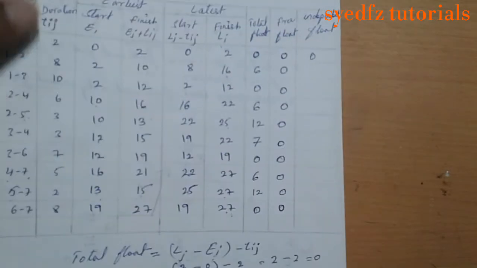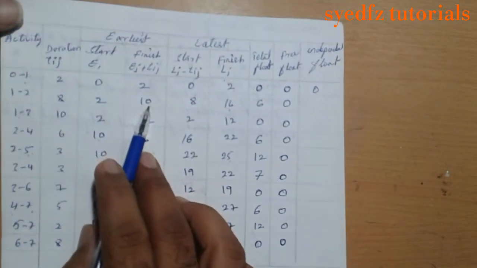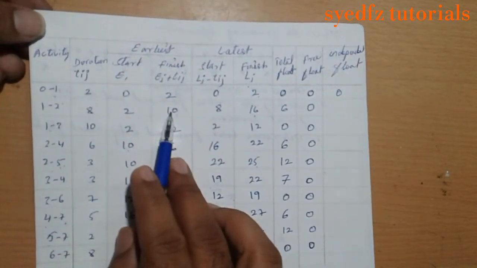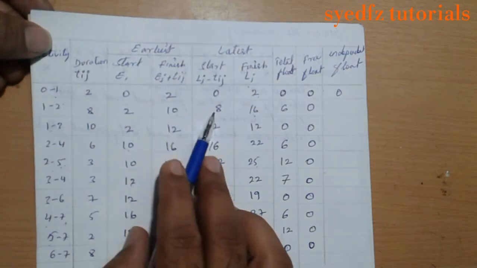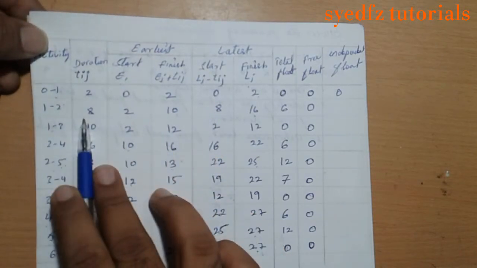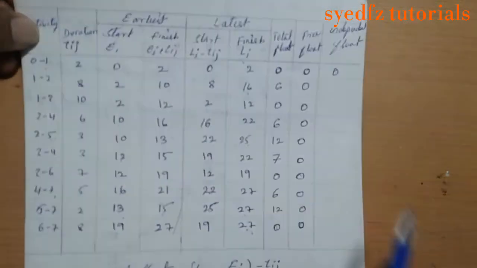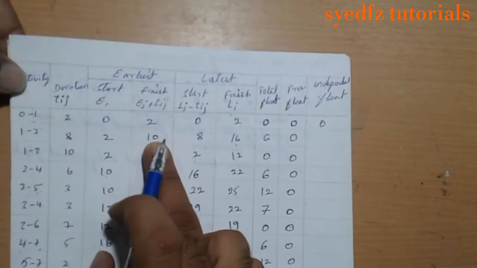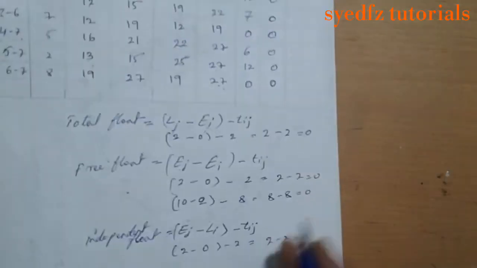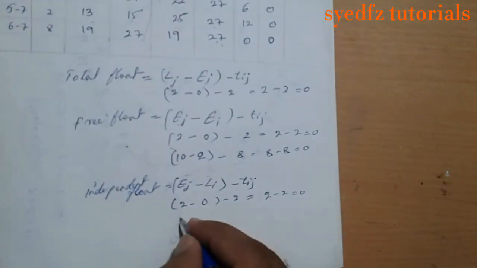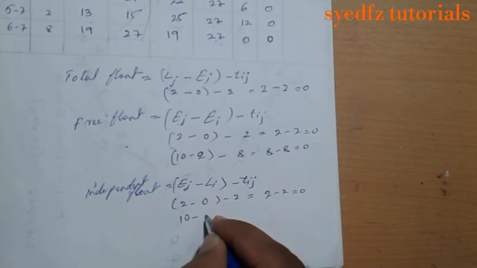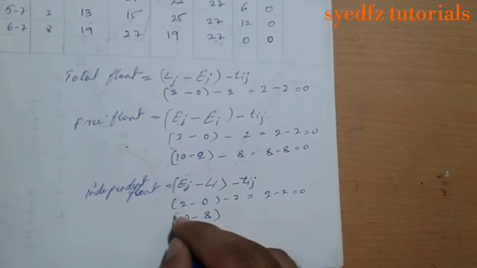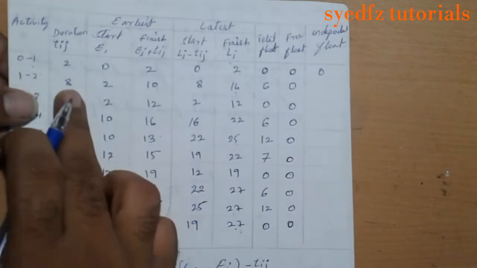Second, earliest finish is 10, latest start is 8, duration is 8. How much have we got? Take earliest finish 10 minus latest start 8 minus duration 8.